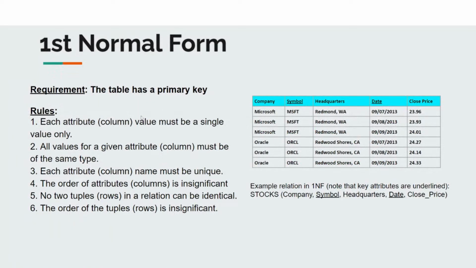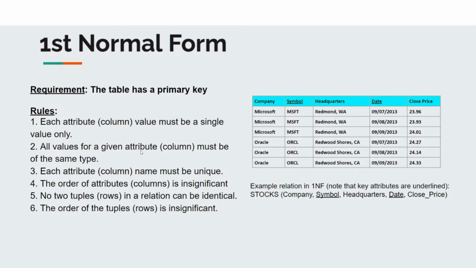All right. So first normal form. The requirement, like I said, is that the table has a primary key. Here each attribute column value must be a single value only.